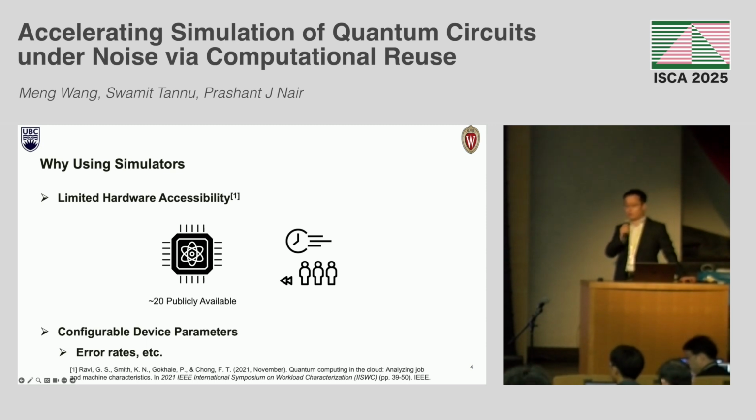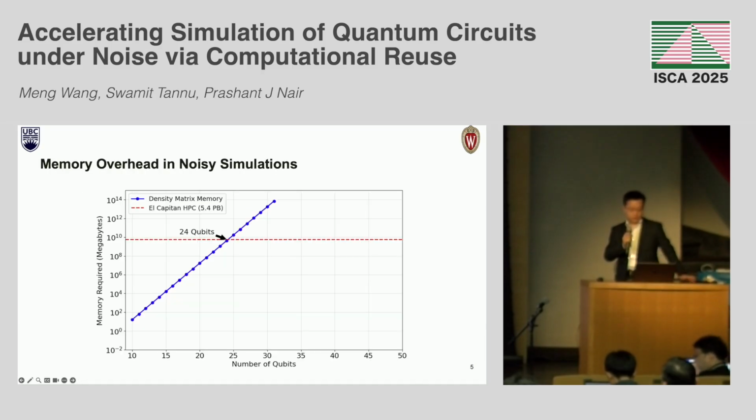To verify those quantum circuit designs, we would need to run large-scale quantum circuit simulations. We can run those simulations under different scenarios like error rates, topologies, essentially a range of device parameters, and in simulations, those can easily be changed on demand. Noise simulation is crucial in our research community, but it's also very costly.